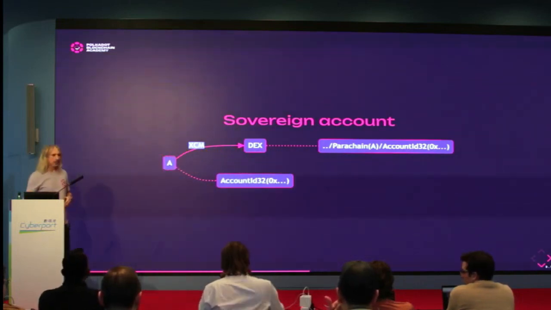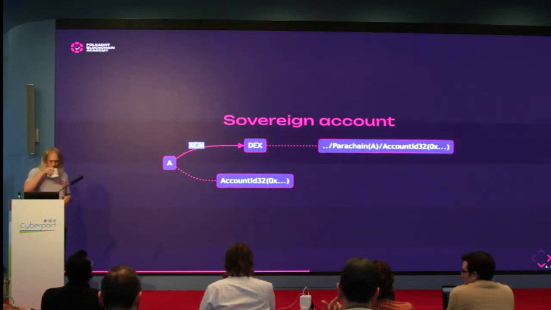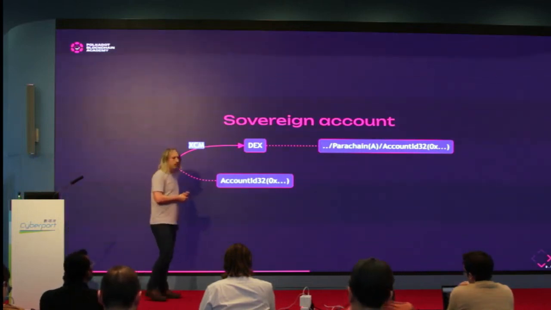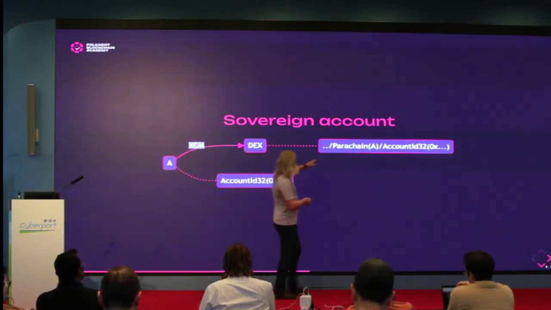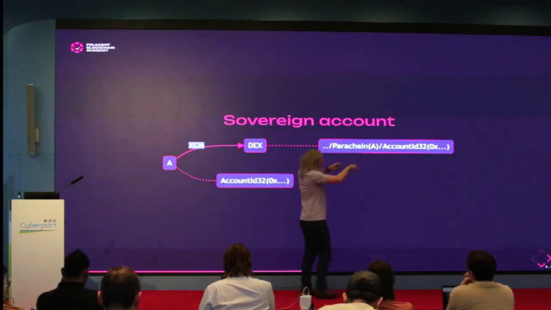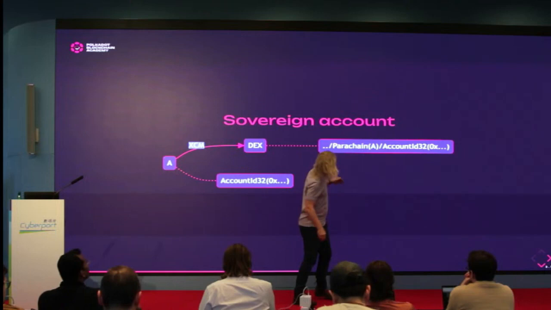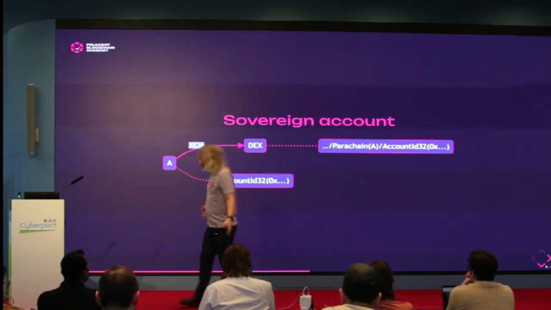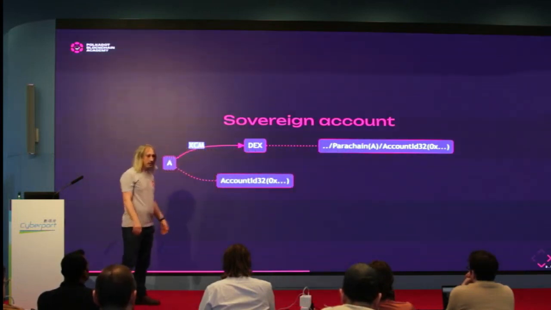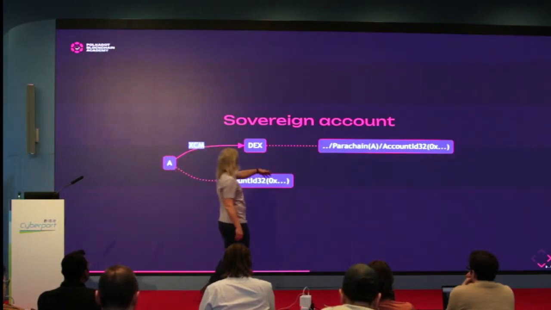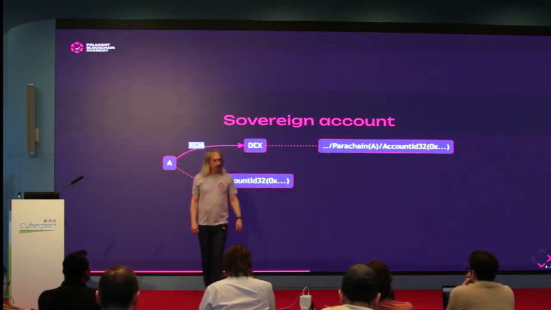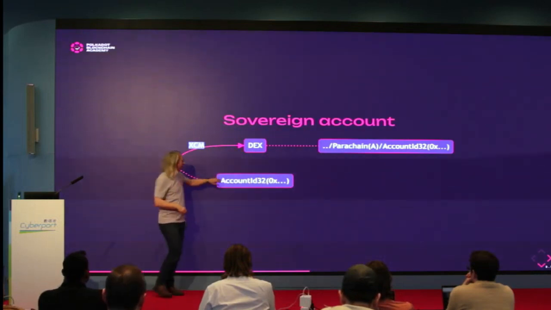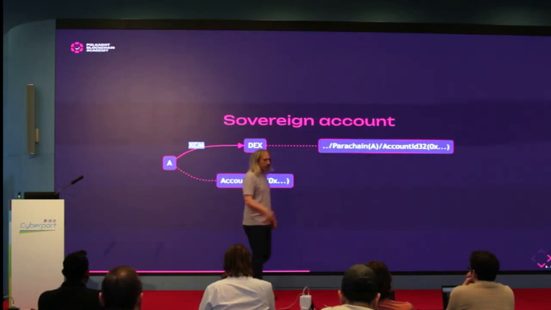Correct. I'm just trying to understand the mechanism under which this restriction is added in, like the origin. So if we allowed this to happen without the descend origin, then the origin would be parachain A. Now, if parachain A happened to be storing some assets for its own governance, like its treasury, and it happened to have an account on the DEX for whatever reason, and some user is allowed to send a DEX message over, well, of course, they just change their DEX message.